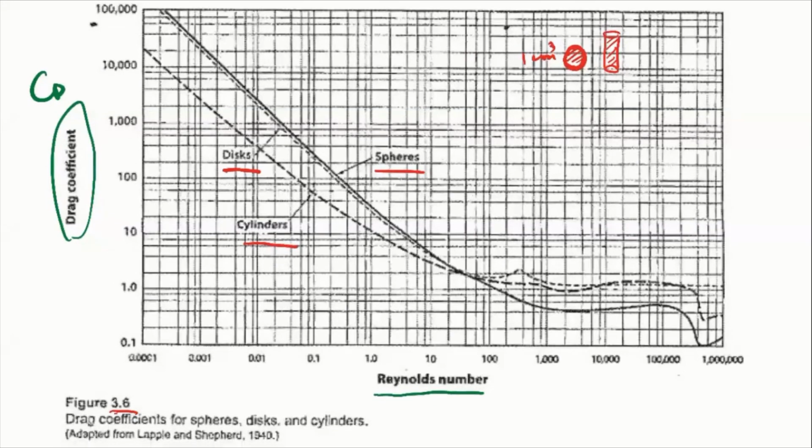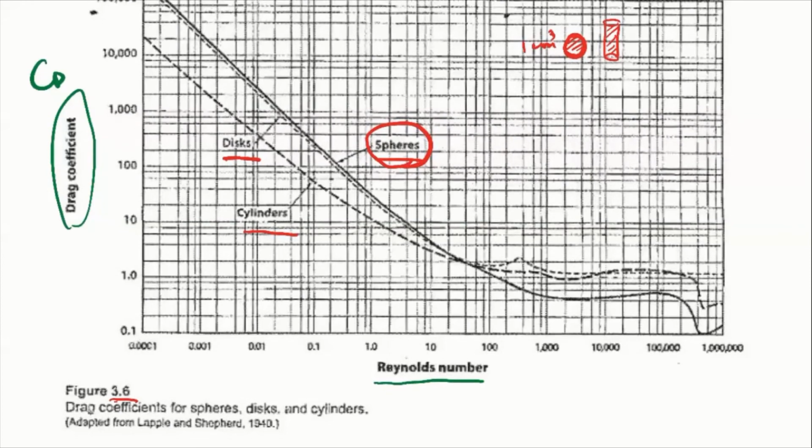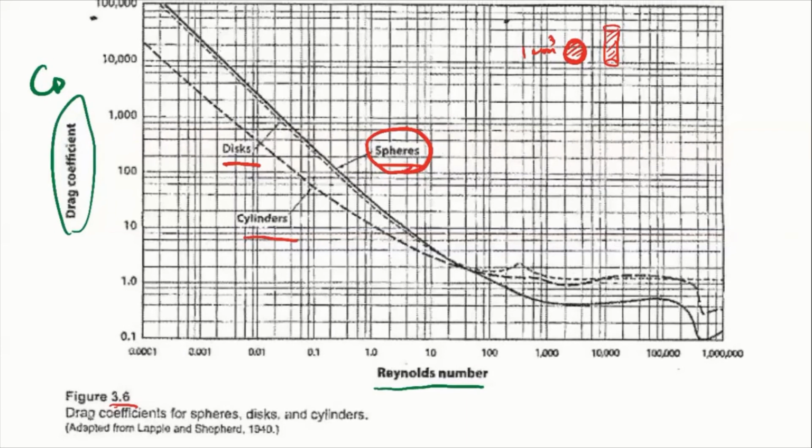But in this class, we're just going to deal with spheres. We assume that all the particles are spheres, and it helps us solve a lot of fundamental questions in particle removal.